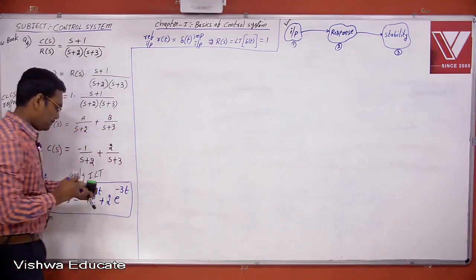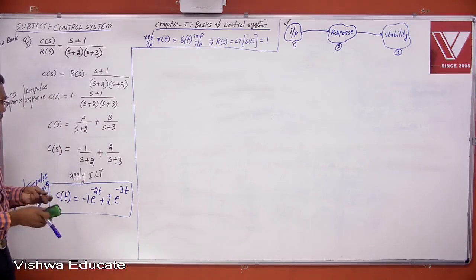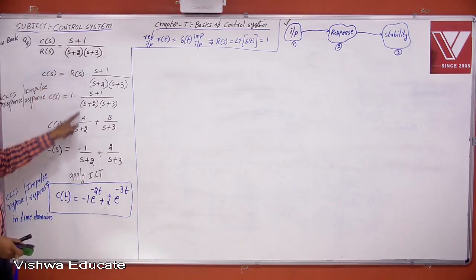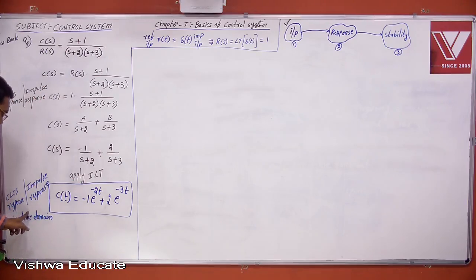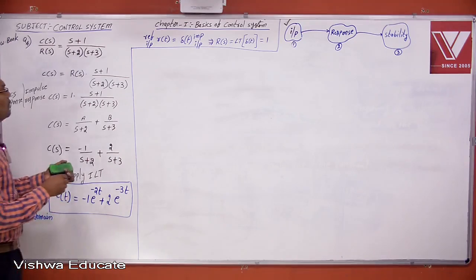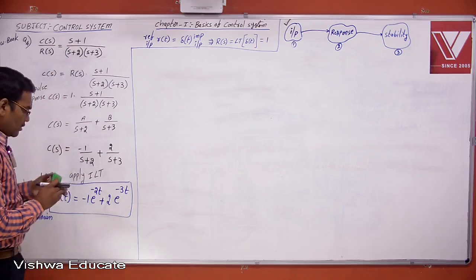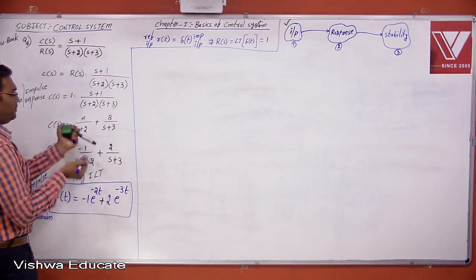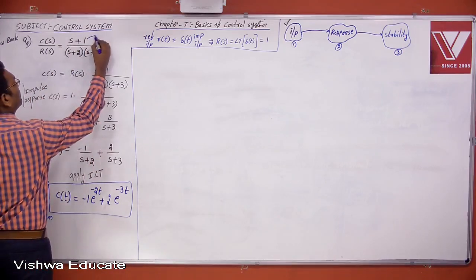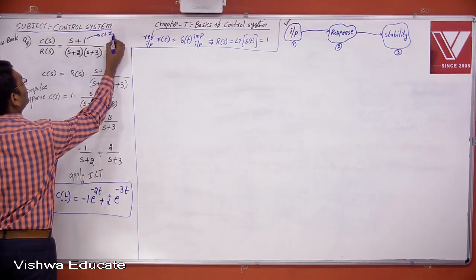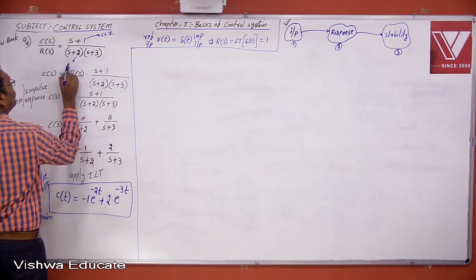Now see here. This is the closed loop control system response, and this is the impulse response, the closed loop control system response or impulse response in time domain. Then if you observe here, your closed loop control system consists of one closed loop zero and two closed loop poles.